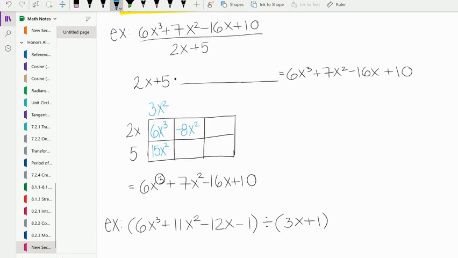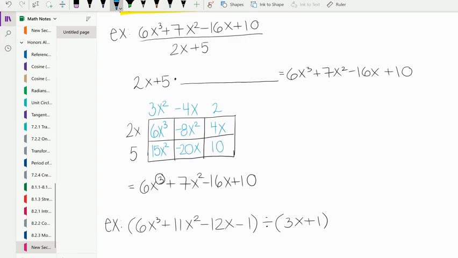Then 2x times what gives me negative 8x squared? That has to be negative 4x. Negative 4x times 5 is negative 20x. But I know the x term is negative 16x, so when I combine them, this has to be 4x. Then 2x times 2 is 4x, and 2 times 5 is 10.